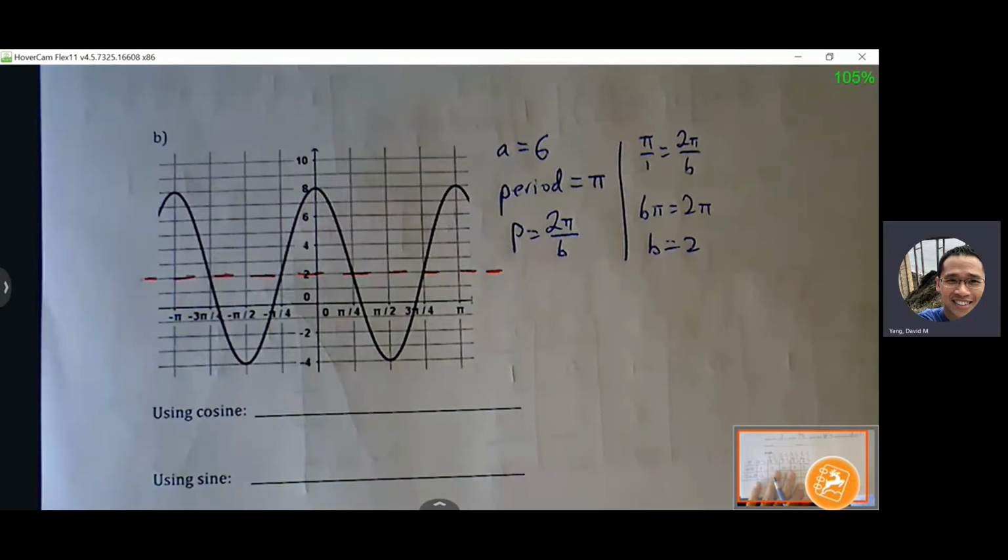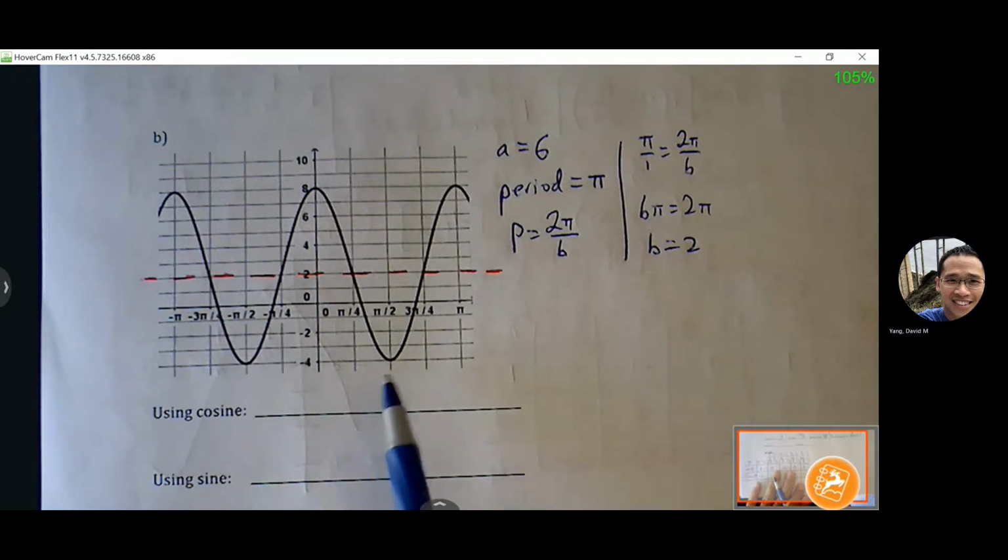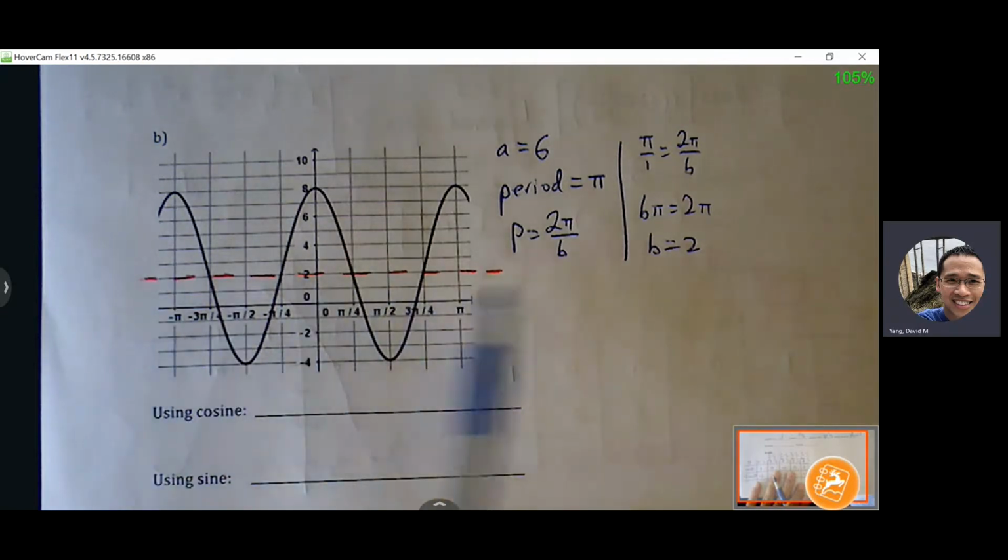No phase shift, so if we do the easier one first, you're not going to have to deal with the phase shift. What's the D value? 2. Your D value is always where your dotted line is. Okay, the dotted line is your D value.